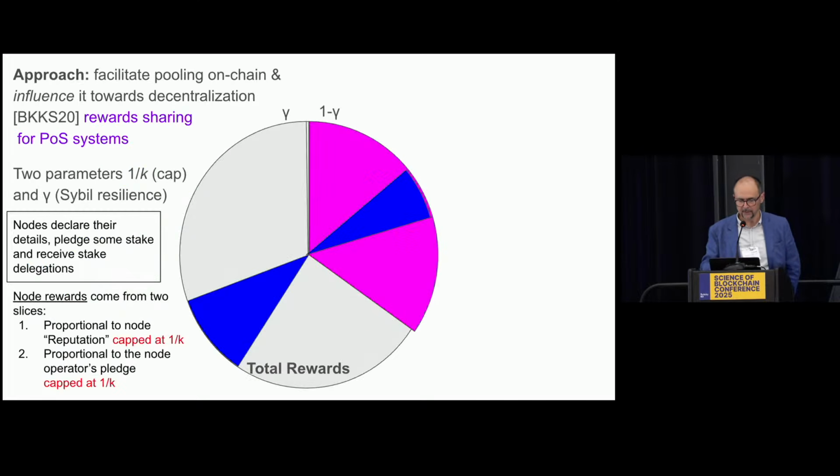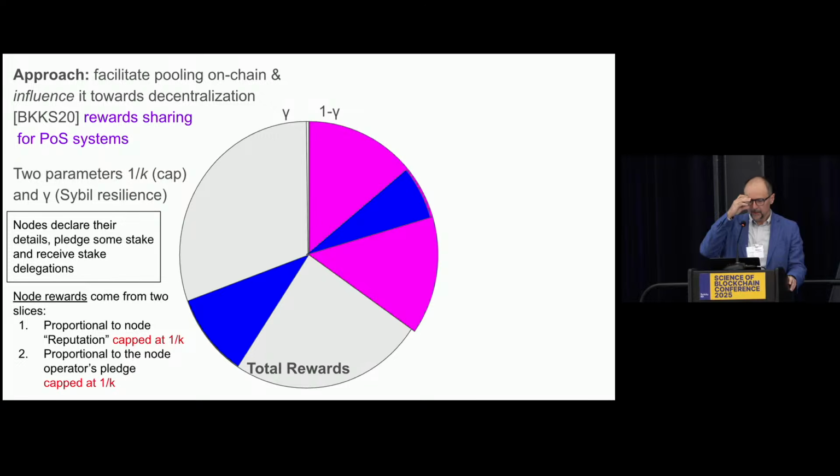To give some examples of what we can do, let's first talk about pooling, and I'll give an example from some prior work that we've done exactly on that problem. This was published some 7 years ago, and the point was to accept that in a proof-of-stake system, pooling will take place. So we accept that fact and try to influence the pooling towards high participation and decentralization by facilitating pooling on-chain.